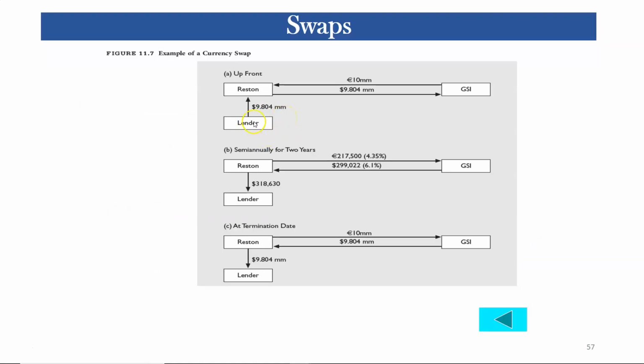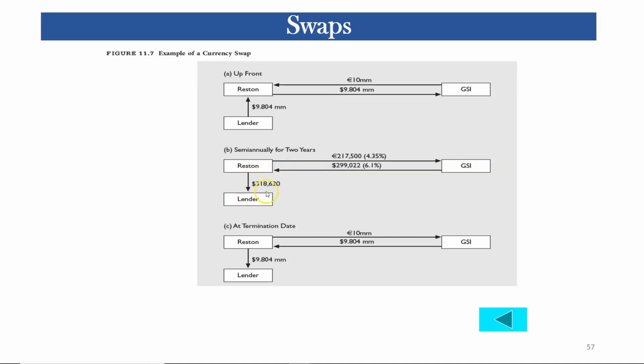You can see that Reston is borrowing from the lender and then entering into a swap with GSI, exchanging the cash flows, then on every settlement date makes the euro interest payment and receives the dollar interest payment in the swap, which it uses to pay the lender.